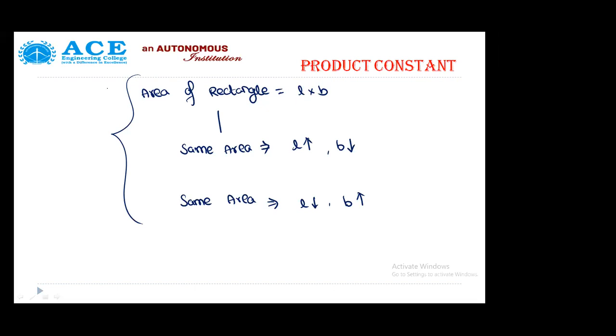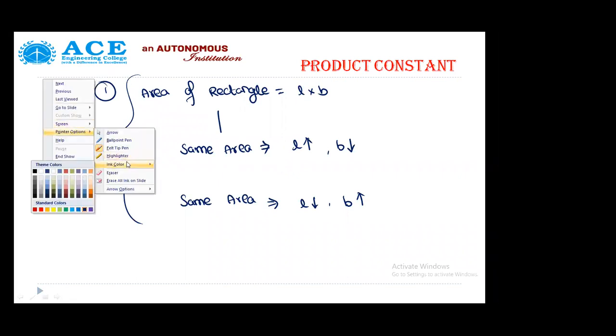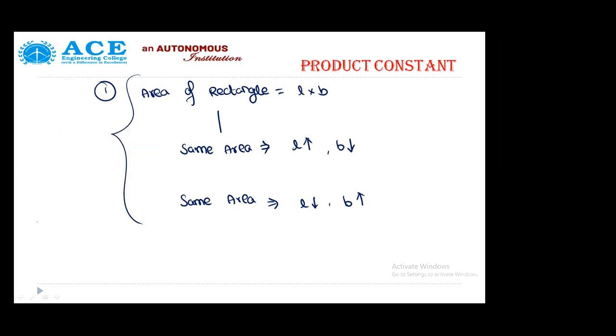Okay, this is one basic example. To maintain the same area, product constant, I mean to say the product is constant. If you want to maintain the same area, if length increases, breadth should decrease, or if length decreases, breadth should increase. Or else, the second thing is expenditure, which is nothing but price into consumption.